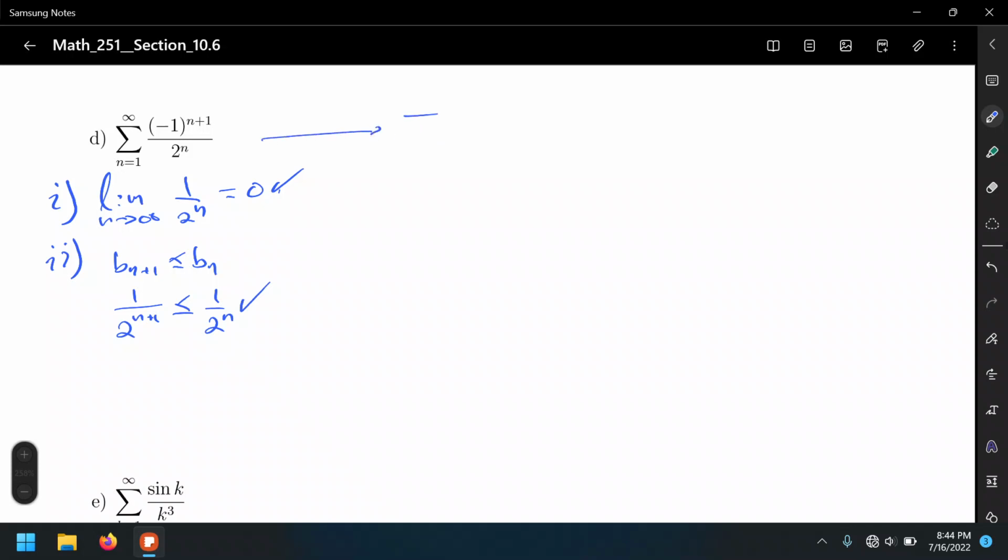So now let's take the absolute value of the alternating series and create a whole new problem. This is n equals 1 to infinity. Get rid of the alternating factor to get rid of also the absolute value bars.